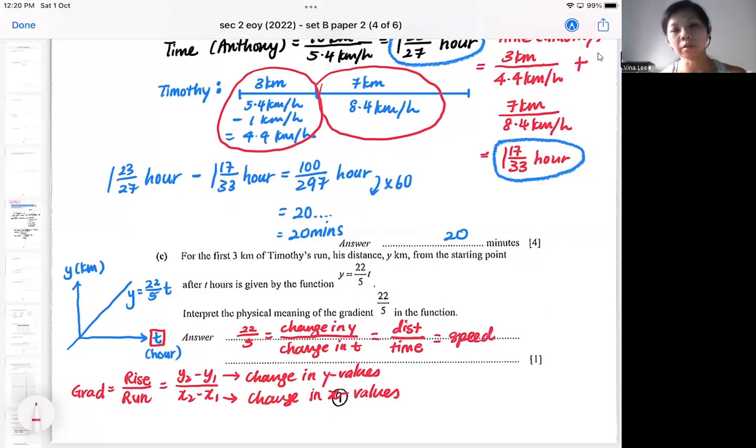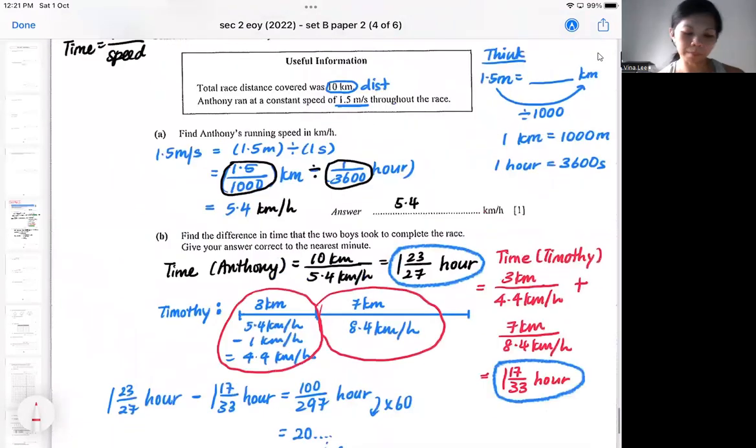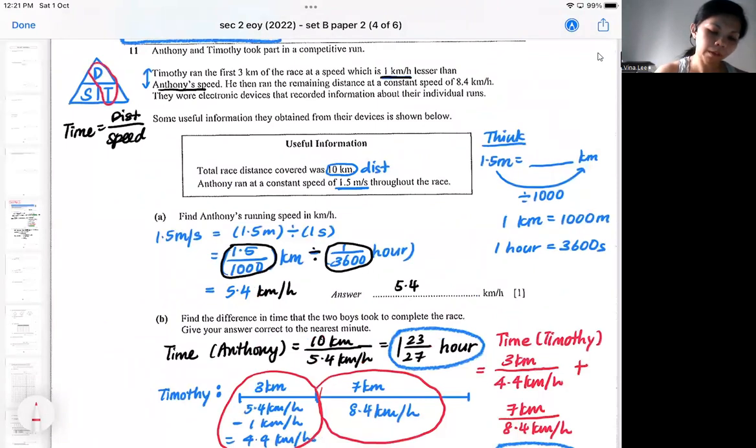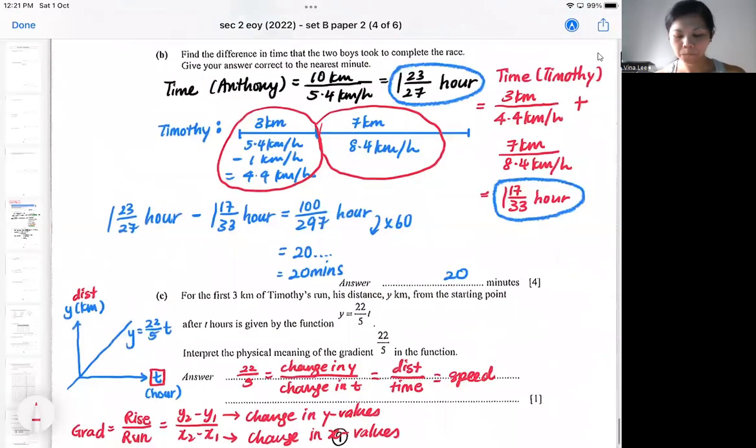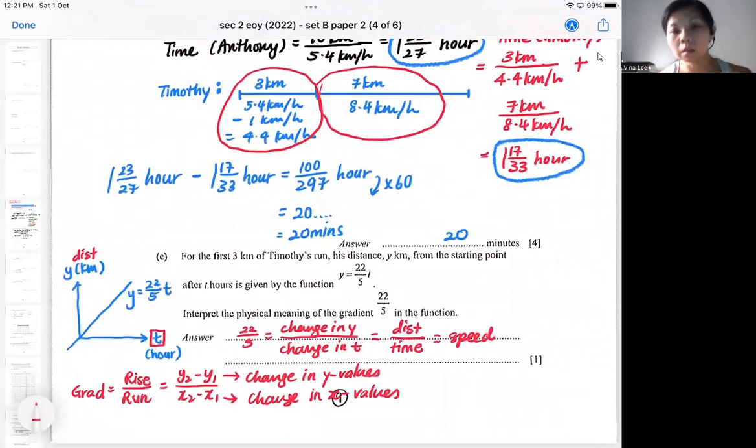You translate the change in y into distance in this situation, and the change in t is the change in time. If you link it back to the formula, distance over time is a speed formula. So the physical interpretation is that this represents the speed, in kilometers per hour, because the distance is in kilometers and the time is in hours.